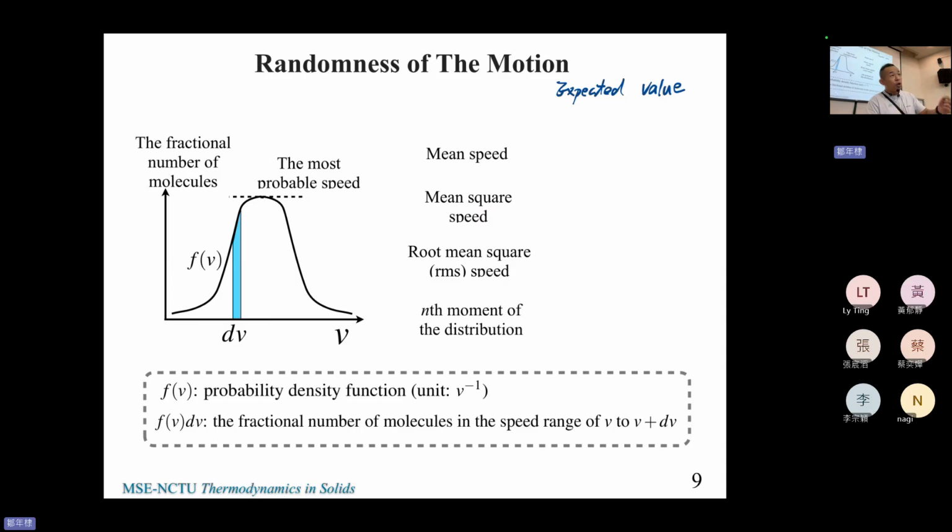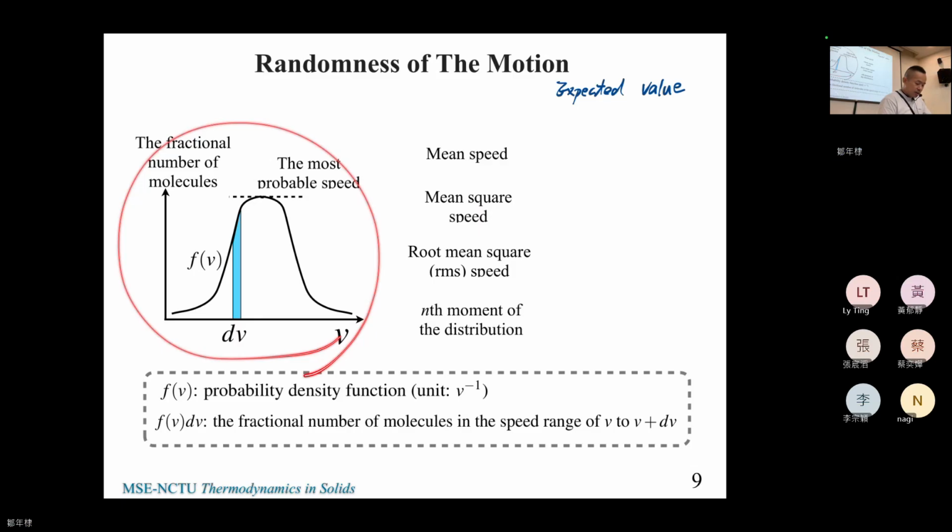If you flip your coin a large number of times, it will become 50-50, right? So it's kind of expected value. Right, so let's consider the mean speed. Before we talk about mean speed, we need to see the distribution of velocity.